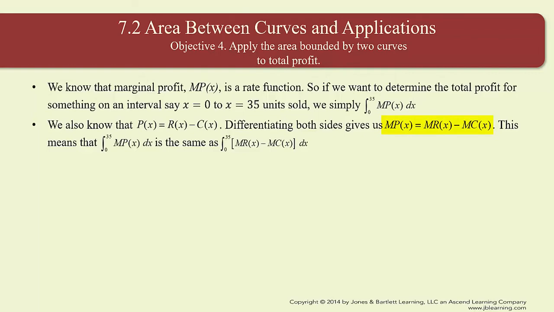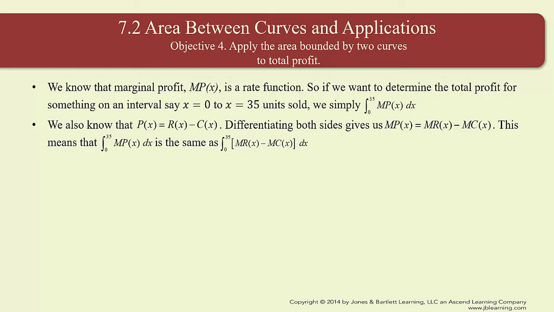Remember, the derivative of profit is marginal profit, the derivative of revenue is marginal revenue, and the derivative of cost is marginal cost. So if we wanted to integrate marginal profit from 0 to 35, marginal profit is the same thing as marginal revenue minus marginal cost.